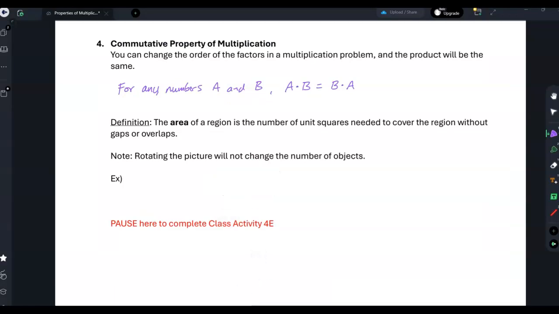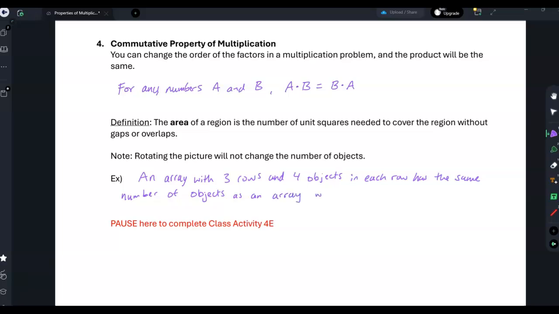So we'll just write an example here. I'll just use 3 and 4. An array with 3 rows and 4 objects in each row has the same number of objects as an array with 4 rows and 3 objects in each row.